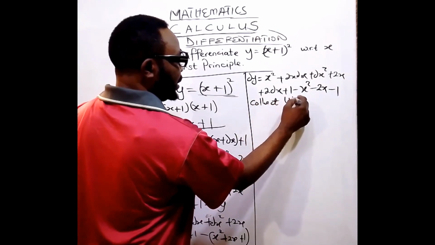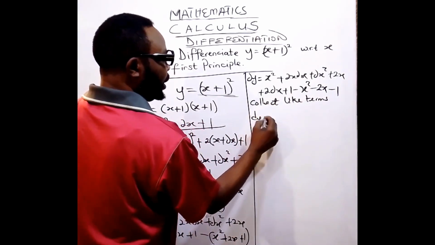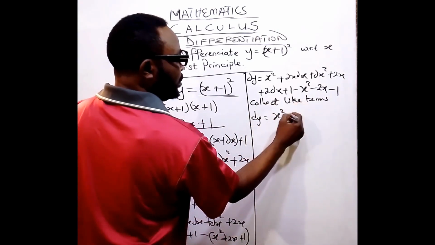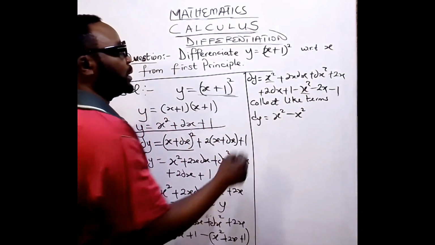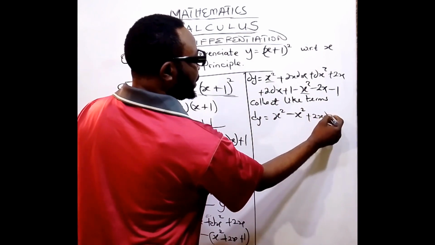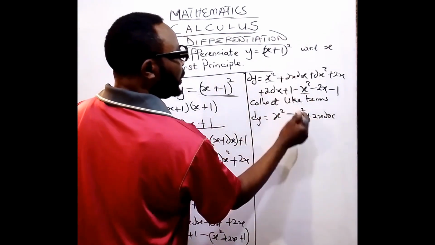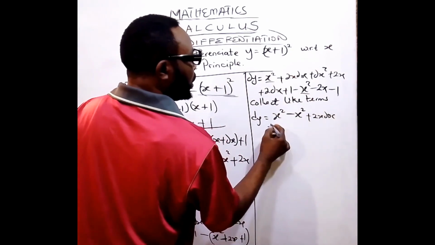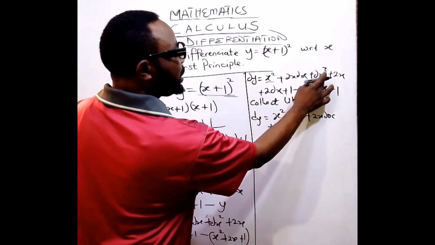Collect like terms. So we're going to have dy equal to x squared minus x squared. So the ones I try to underline them. Then plus 2x dx. Is there any other like terms like that? No. So we move on. Plus the x squared. Do you have any other term like that?